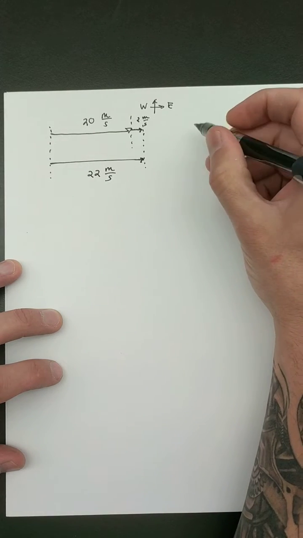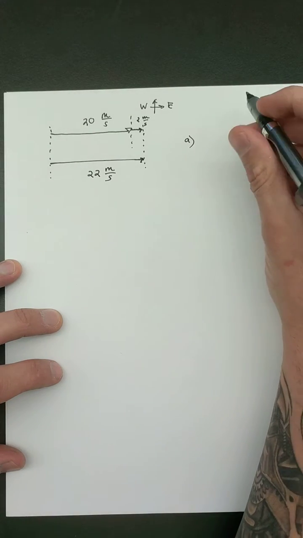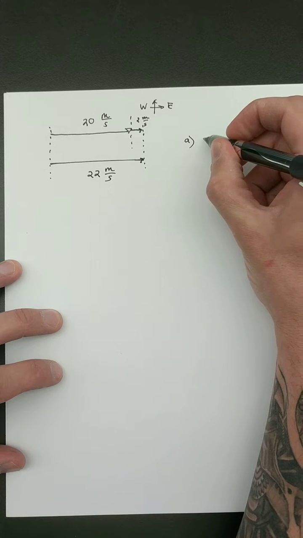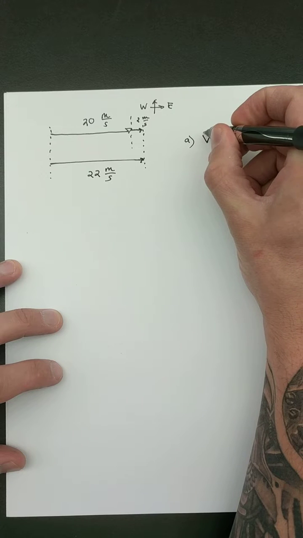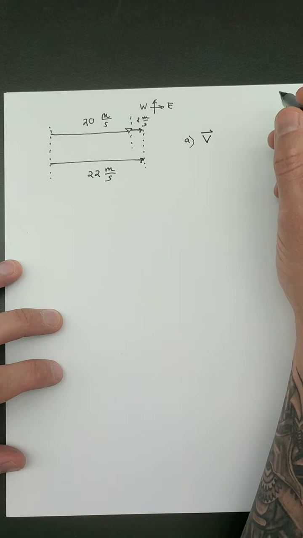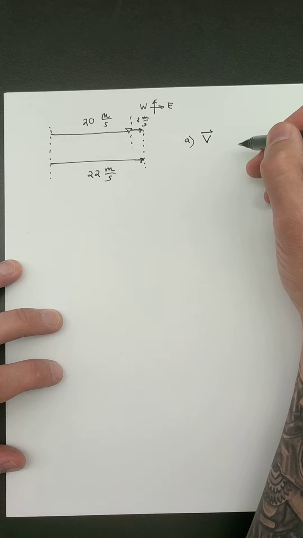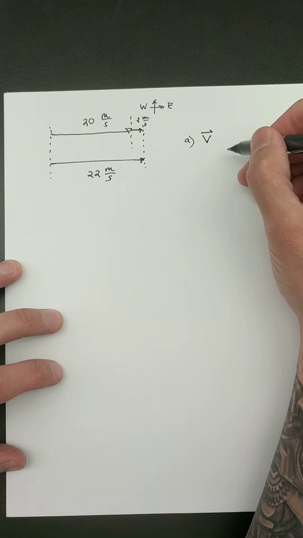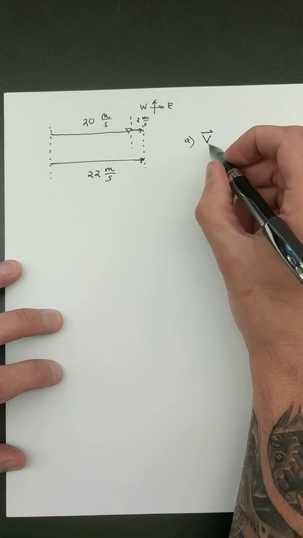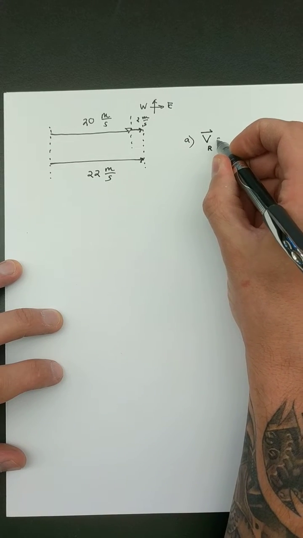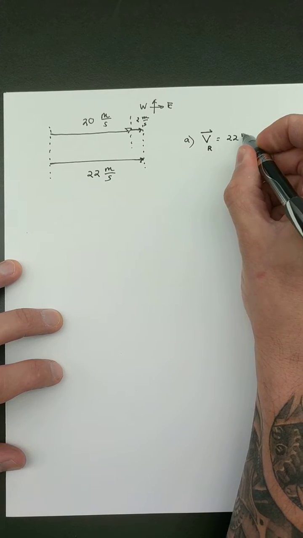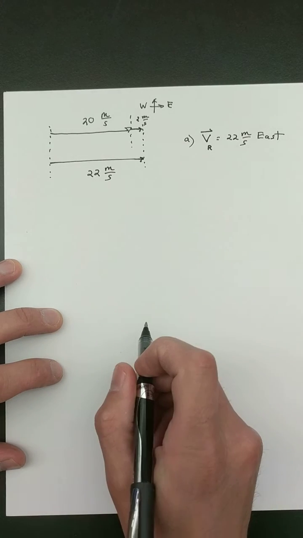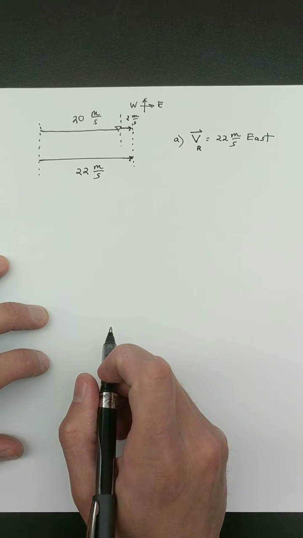So I would say for answer A, the woman's resultant velocity, and I can write it like this: V with the arrow over it to represent that it's the velocity, the vector version. And I could label it V_R for resultant equals 22 meters per second east. I need that label in order to report a vector.